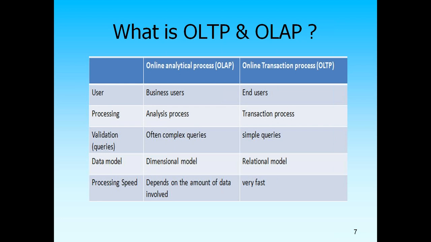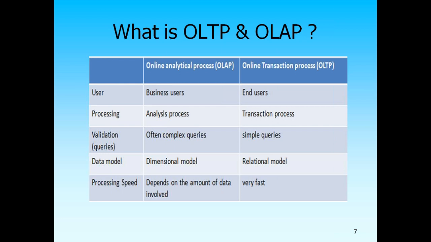Now, processing speed depends on the amount of data involved. Why are we talking about the amount of data? Because this is a data warehouse database, and in a data warehouse we have to maintain a huge amount of data.